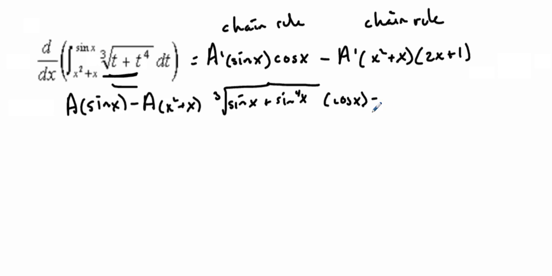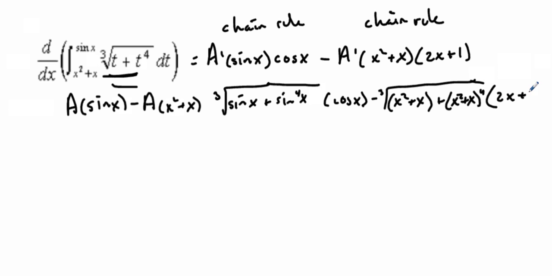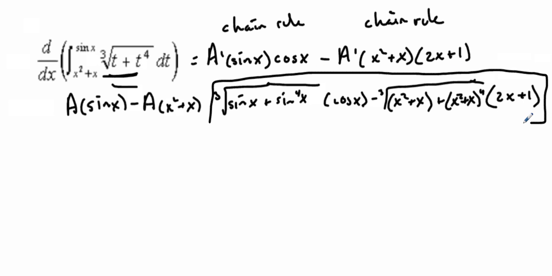The cube root of, plugging that in there, x squared plus x plus x squared plus x to the 4th power, all multiplied by the quantity 2x plus 1. And there we have it, my friends. That is our derivative of that integral. Big, bad, and ugly.